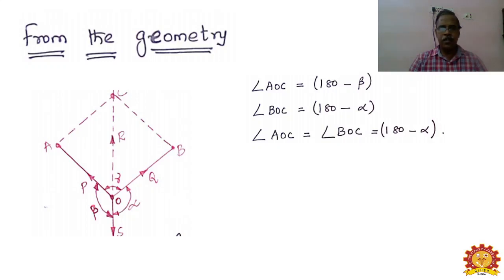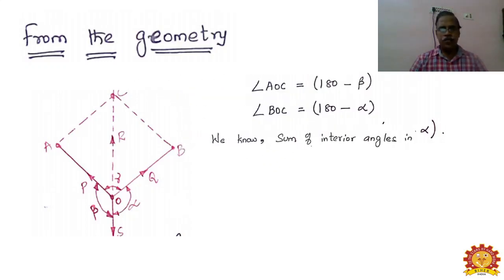I think you know that because we can understand it from the diagram. Similarly, angle BOC is equal to 180 minus alpha.